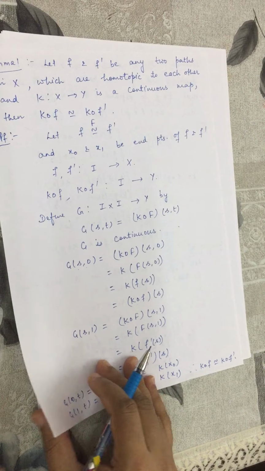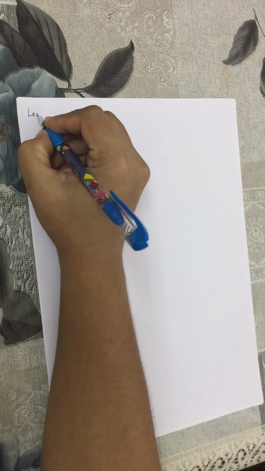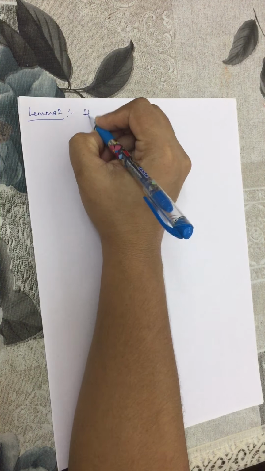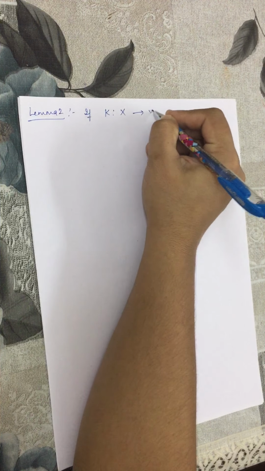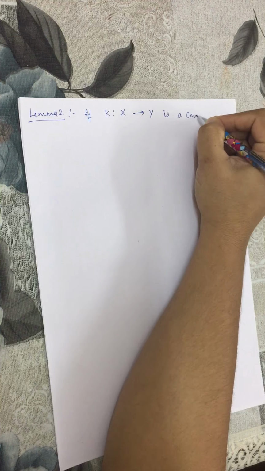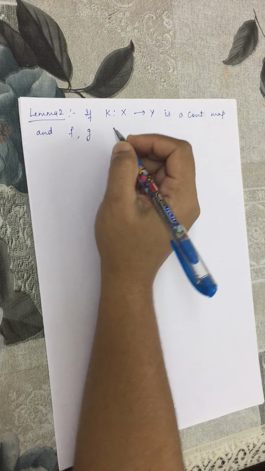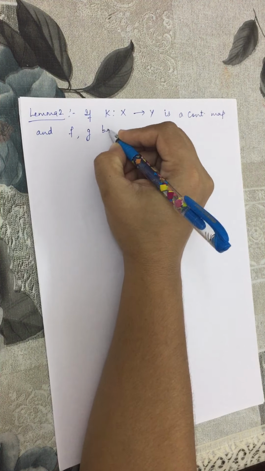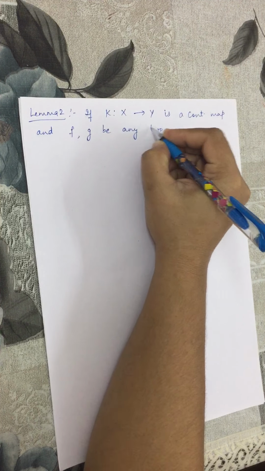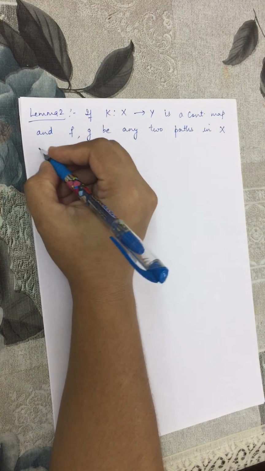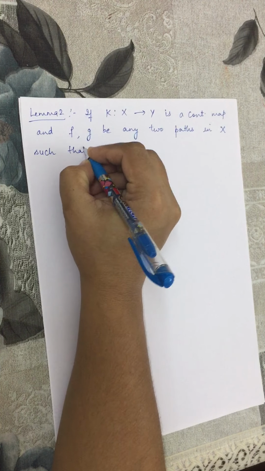Now we prove lemma 2. Lemma 2 says if k is a continuous map from X to Y, and let us say f and g be any two paths in space X such that f star g is defined.